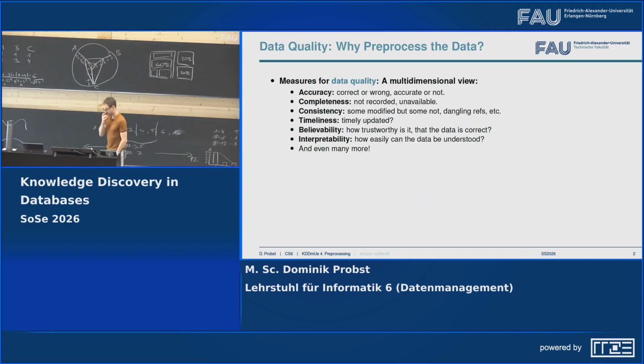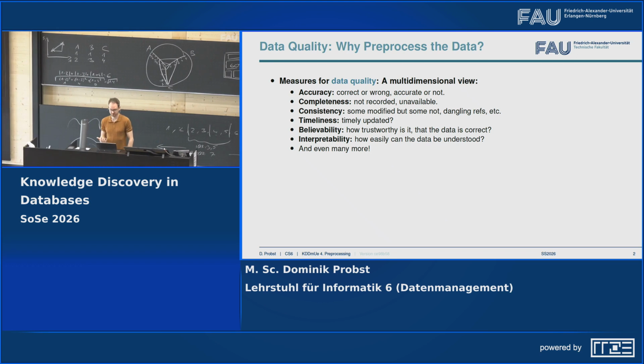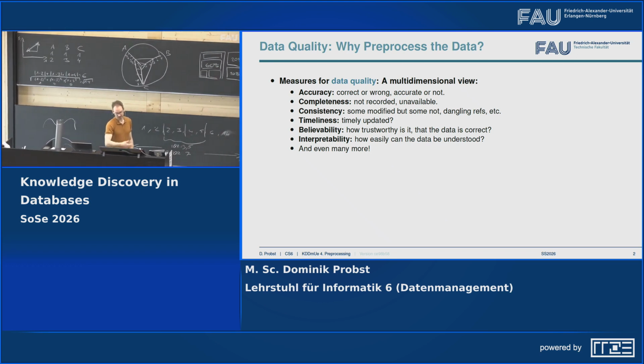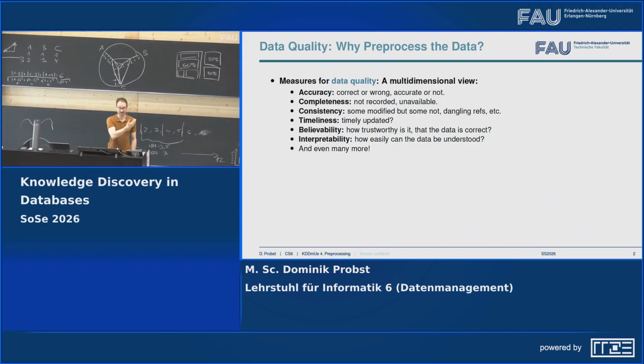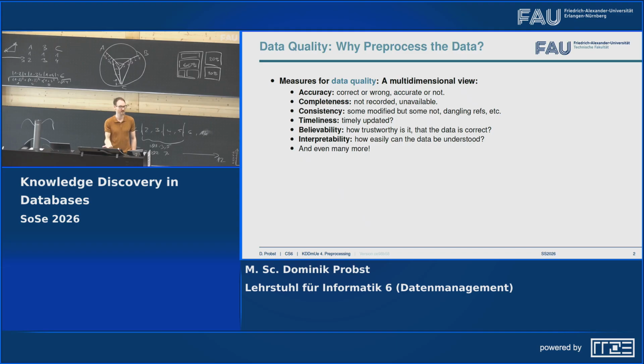We can take a look at data quality in different dimensions. For example, data might be accurate or it might not be. So whether data is correct or wrong is very important for us. If we are working with wrong, non-accurate data, then our results, our patterns we read out of these data, might be useless.